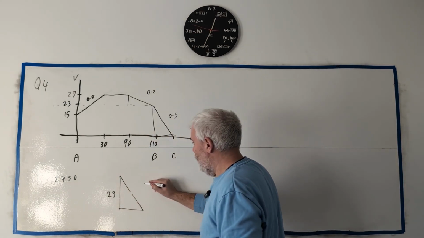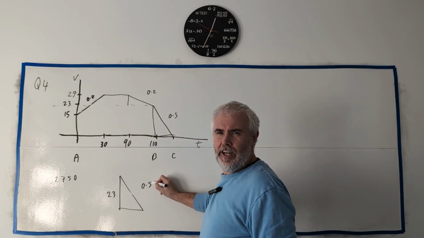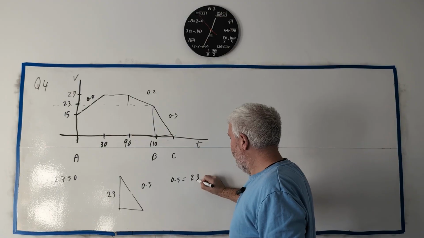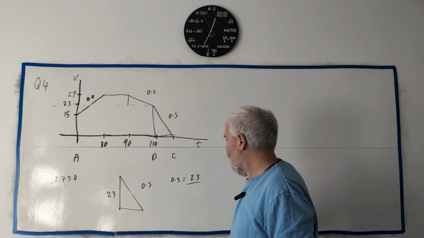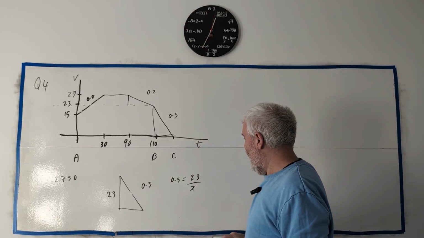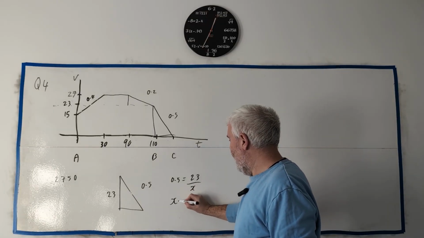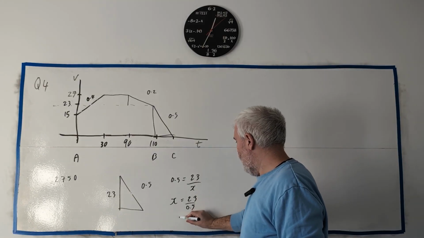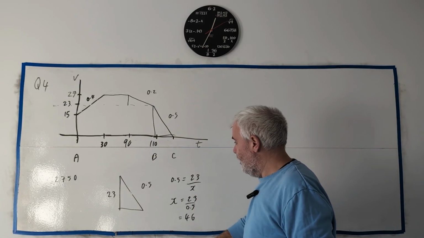The slope is 0.5, wasn't it? So we know 0.5 must equal the height divided by the time down here, the y divided by the x. So let's put in x here. Rearrange this, we'll get x is equal to 23 over 0.5, which is equal to 46.